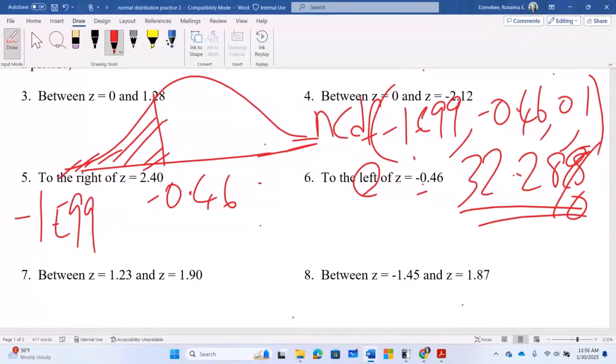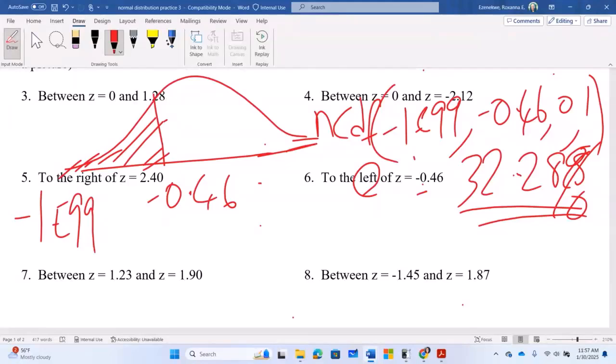By now, you should know how to use your chart. You should also know how to use your calculator to calculate the area under the normal curve. Let me say this again. The Z chart is in Blackboard. This worksheet is also in Blackboard.